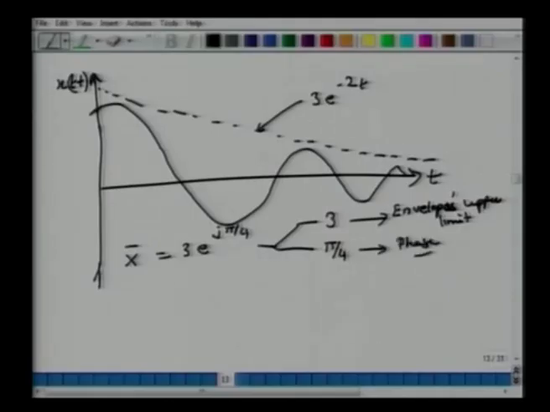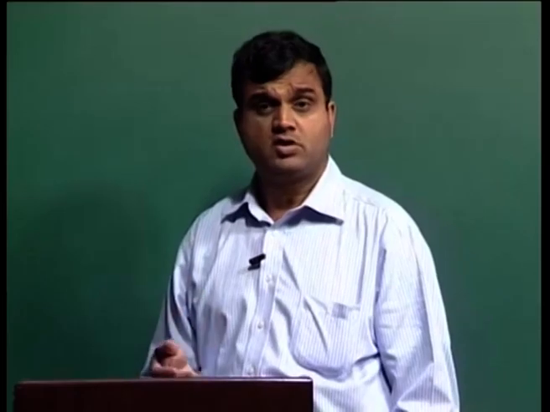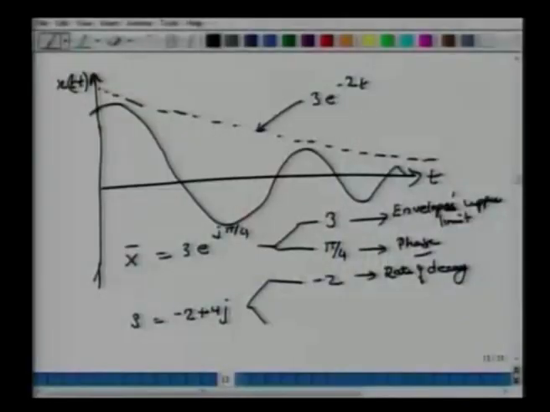And then the complex frequency is minus 2 plus 4j. Again, it has a real component, minus 2, and this is the rate of decay, and it's symptomatic of the damping characteristics of a system. And then you have 4, and that is essentially your angular velocity.